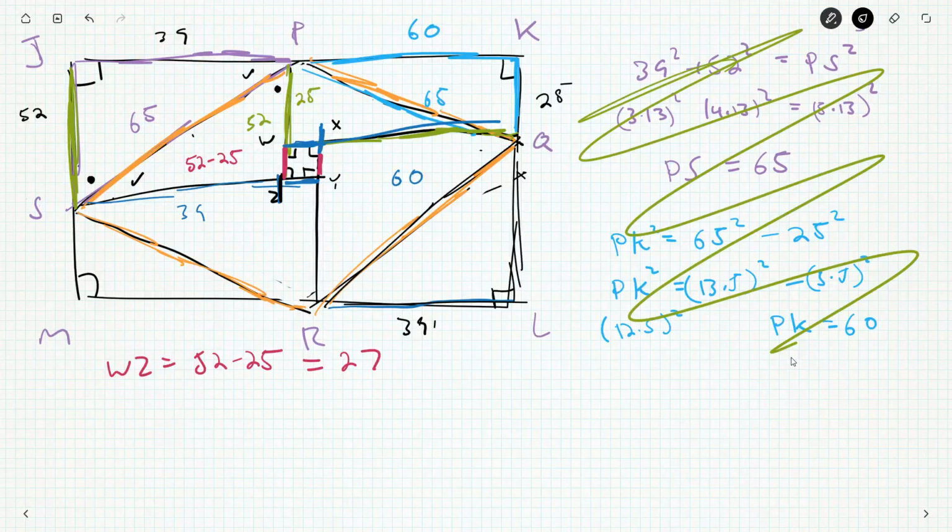Alright, if it's a rhombus, this angle at S is going to be the same as this angle at Q. I think I need to draw my picture again. It's a very, very messy diagram.